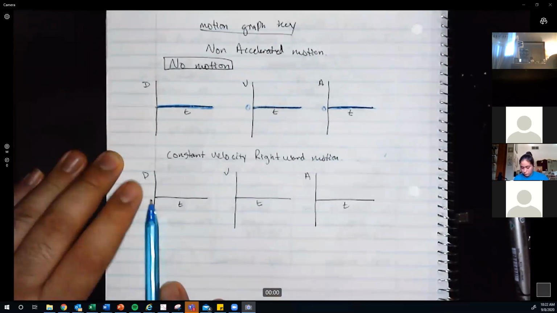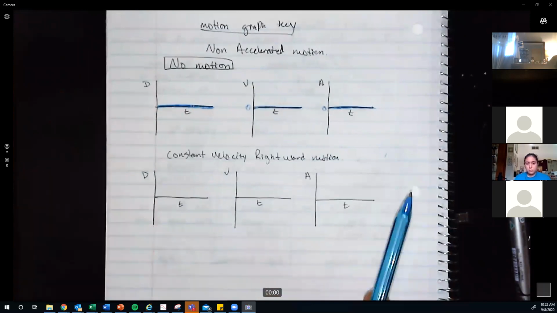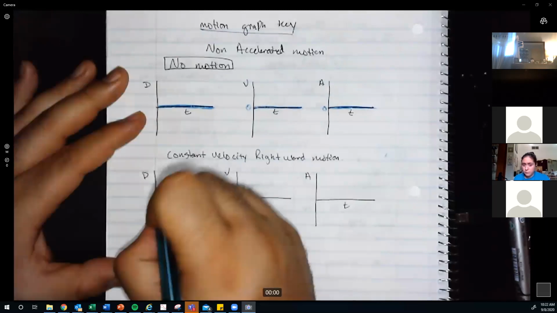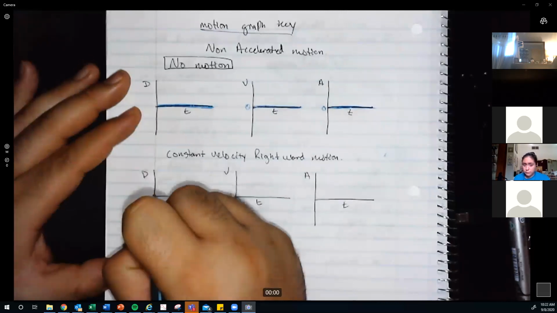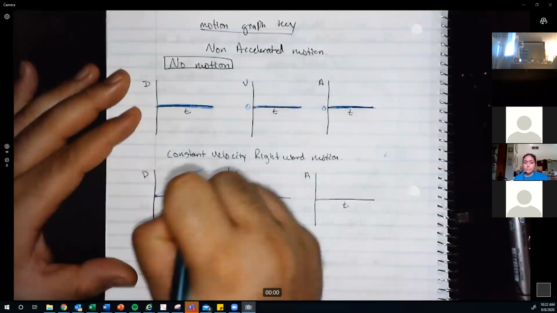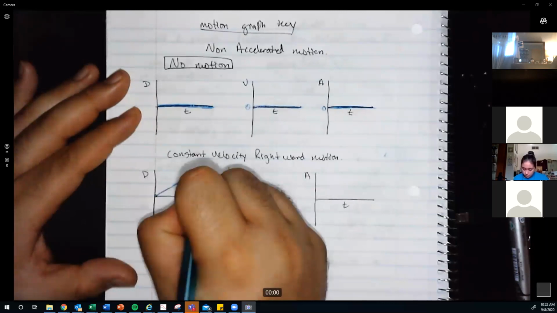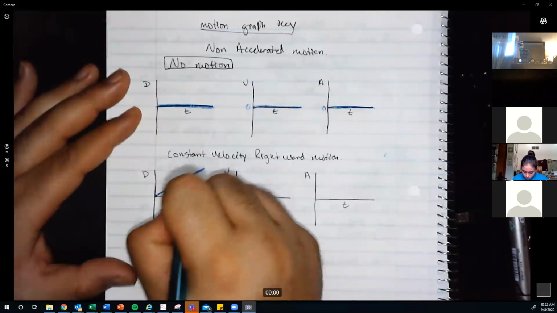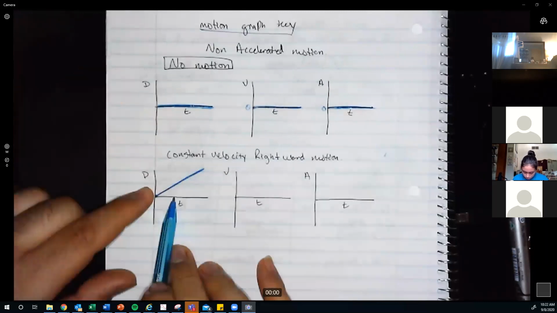So looking at the three ways you can analyze constant velocity with rightward motion: for a displacement time graph, if we have constant velocity to the right, there should be some kind of slope. Will that slope be positive or negative? Positive. So from the origin, you're going to move away from the starting position towards the right, meaning positive slope, a straight line.